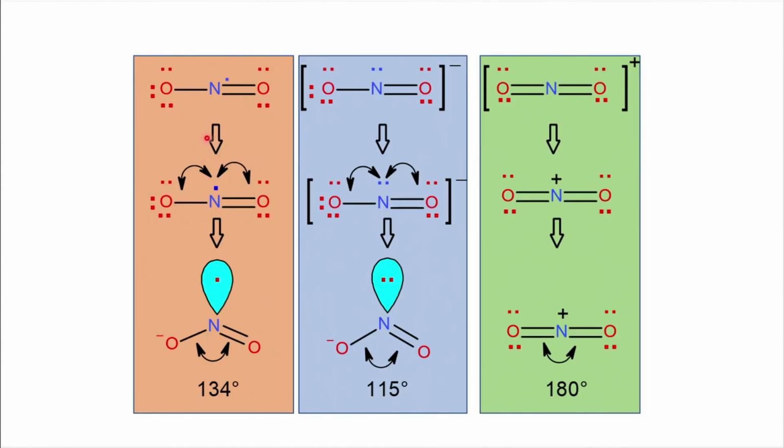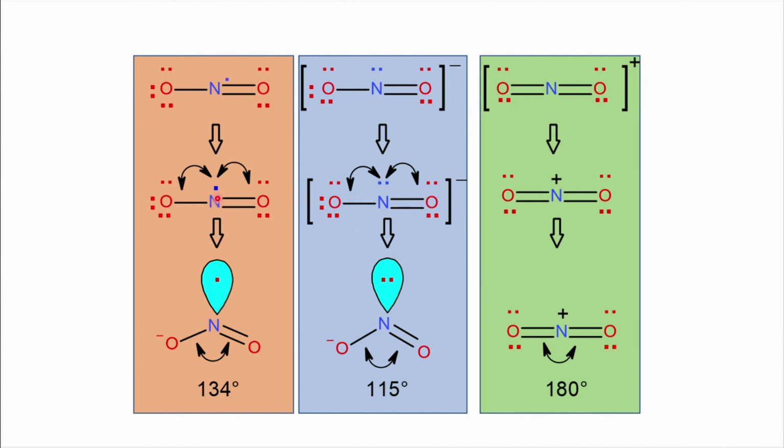Now, if we extend that, in the case of NO2 molecule, there is one single electron on the nitrogen. So there is going to be a little bit of repulsion between this electron and the bonding pair. That is the reason it is going to have a small bent shape, because if we go back to the water molecule, there are 2 electrons on the central oxygen.